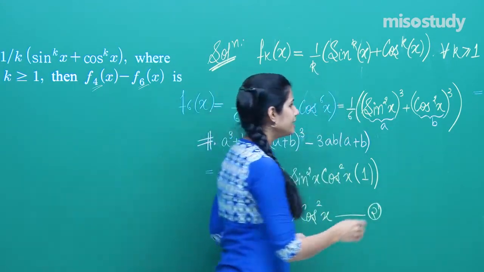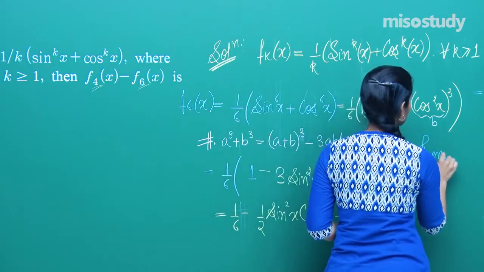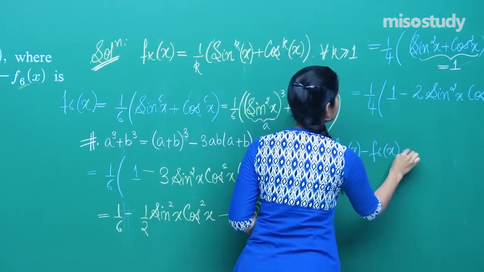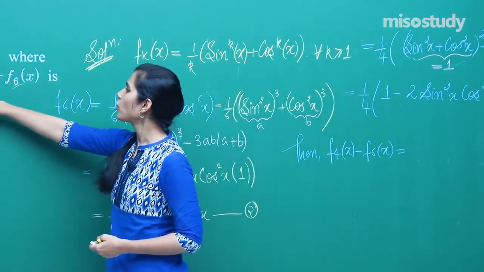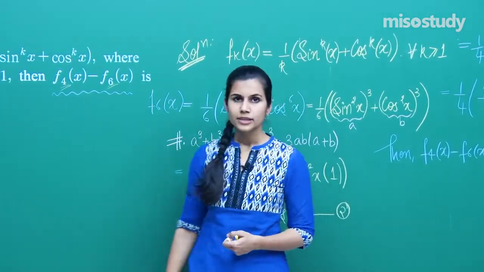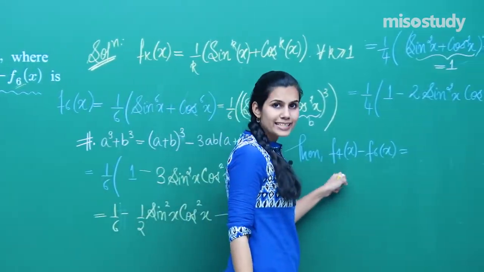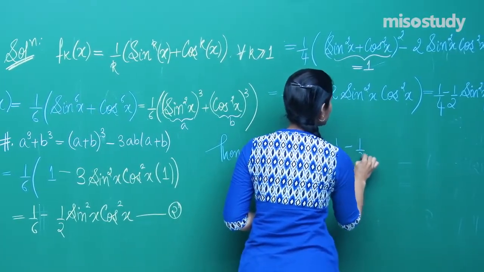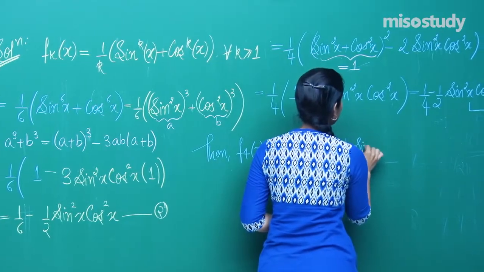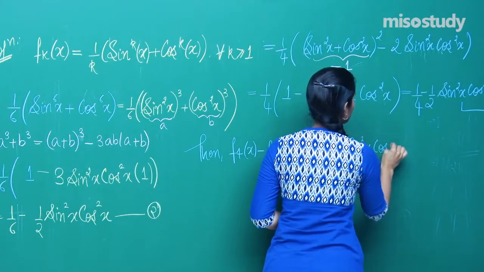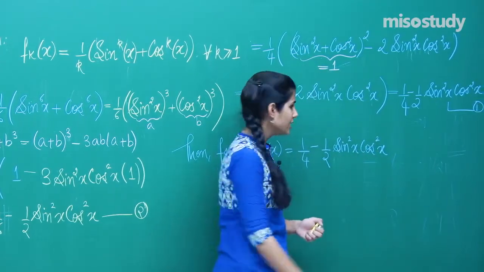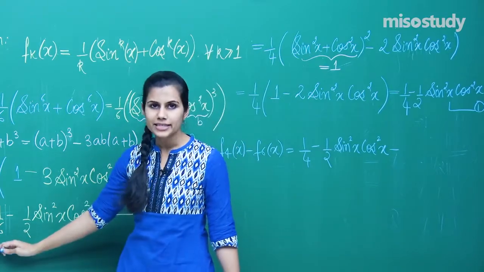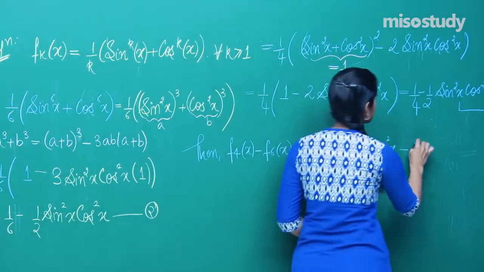I am interested in f4x minus f6x. That is what is the demand of the question. Let's compute that. f4x we had already found was 1 by 4 minus 1 by 2 sine square x cos square x, minus f6x. f6x is 1 by 6. So you get minus 1 by 6.